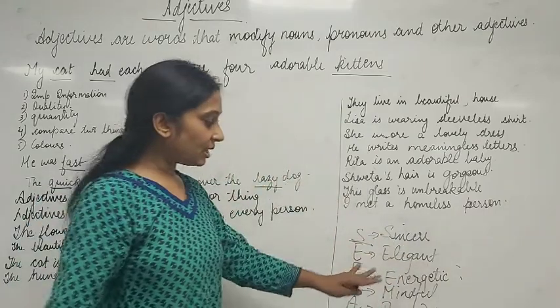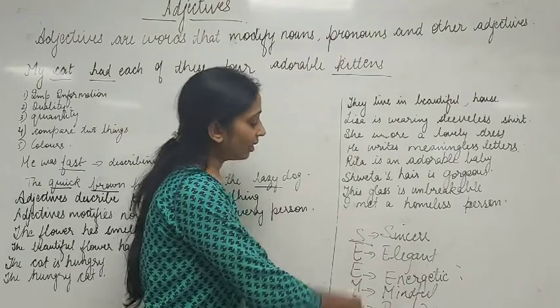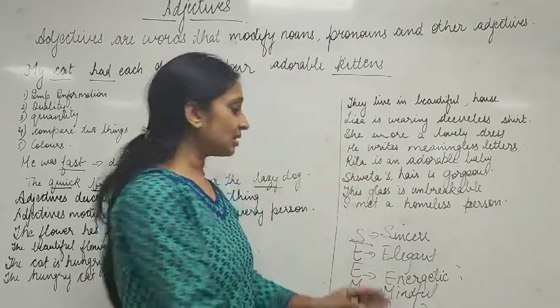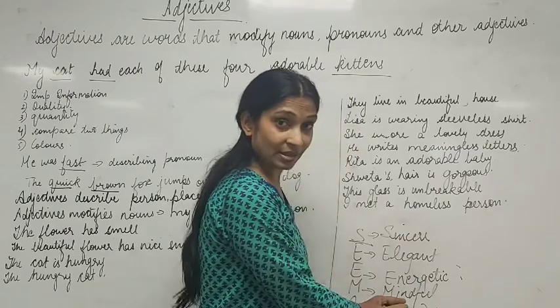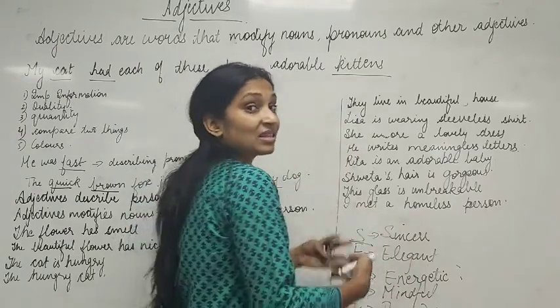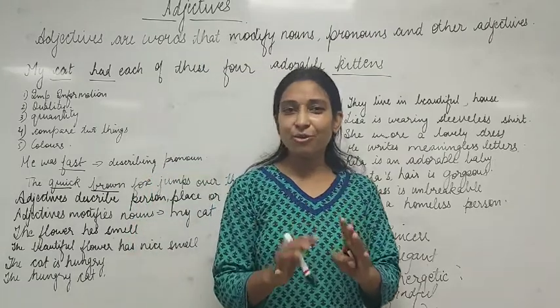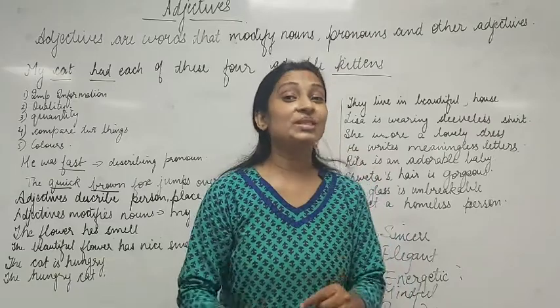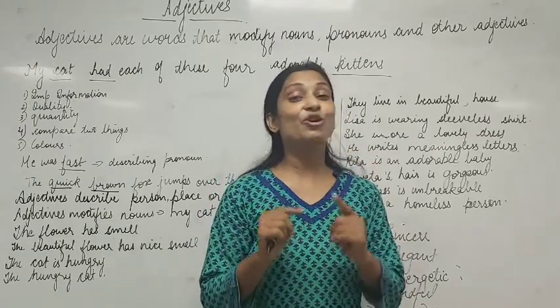So did you see what I have done? I have written my name first, and then I have written 5 words beginning from each letter of my name that is describing me. So here every one of you is going to put this video on pause and do this activity for sure.